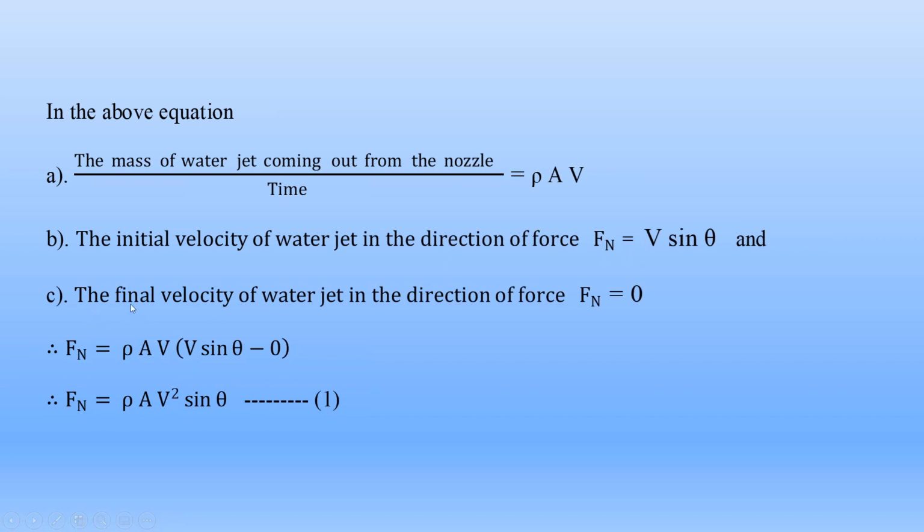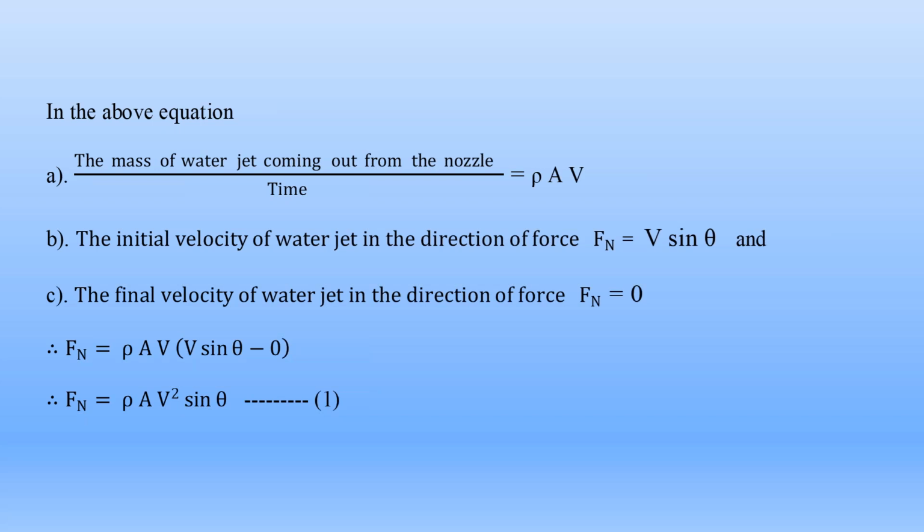Then the final velocity of the water jet in the direction of force Fn is 0, because the final velocity of the water jet with this direction of force Fn makes an angle of 90 degrees. So the final velocity in the direction of force Fn is 0.